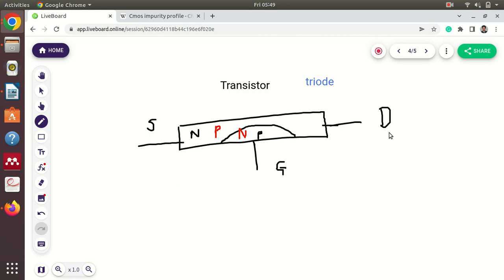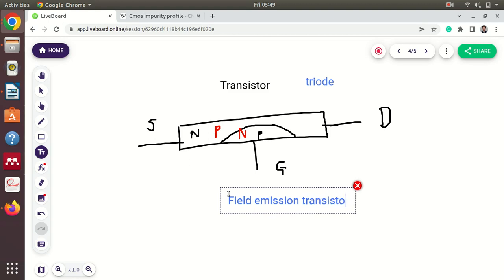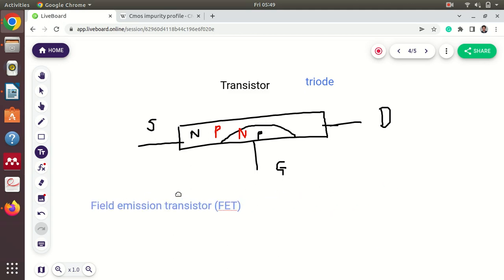So this is the basic configuration of the transistor. They may be in different shapes or there will be different models. Some of them we call a FET, or field effect transistor. This is a type of transistor.